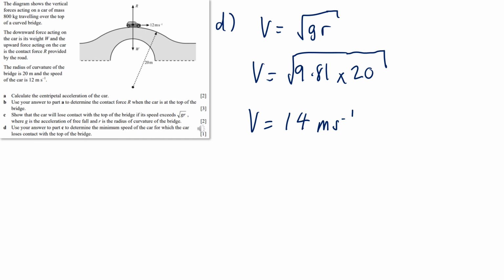As we've seen before, we can calculate the acceleration as v squared over r, or omega squared r, and which form we use depends on what we're presented with in the question. So we'll leave that there today.